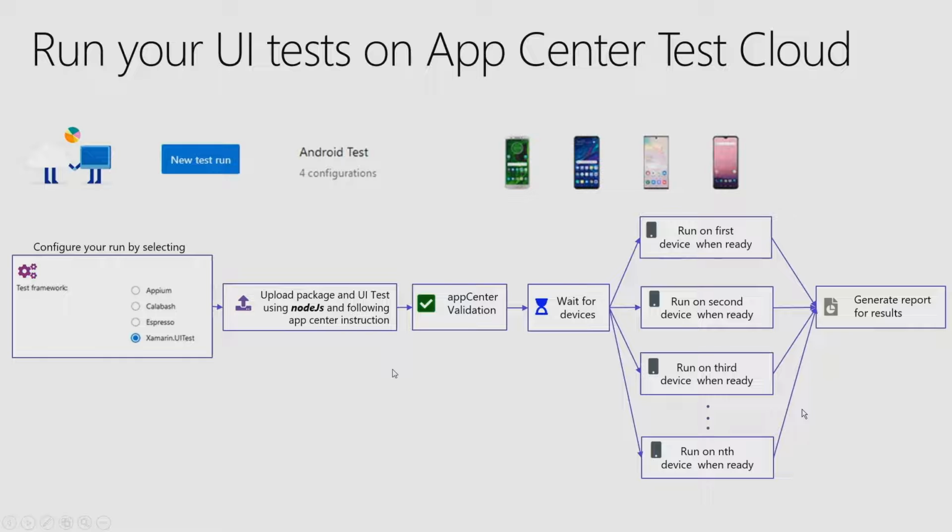You upload your package, App Center will validate it and create all the devices. So for example, I wanted to test my application on 4 different Android devices, and App Center will run them on each device and generate the report result for me.